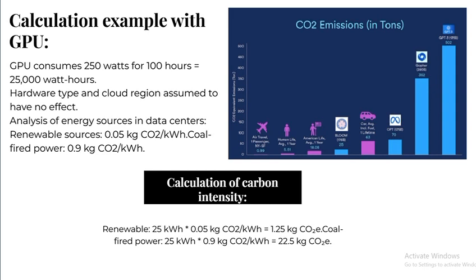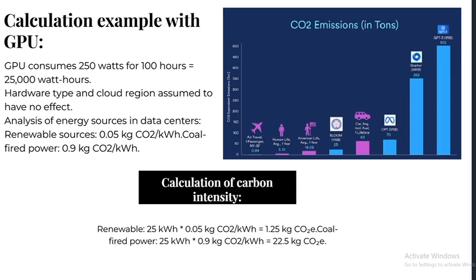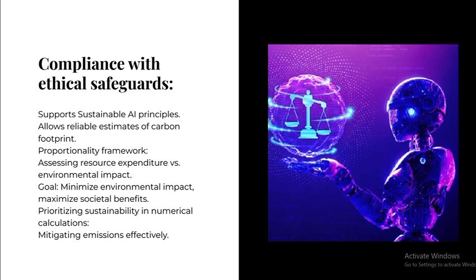These calculations comply with the necessity of ethical safeguards and supporting the carbon emissions reports as mentioned in Sustainable AI Principles. They allow a more reliable estimate of the carbon footprint in the case of training language models.